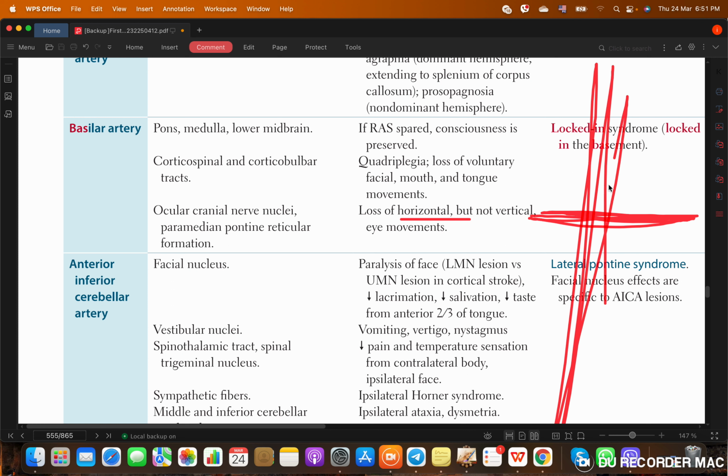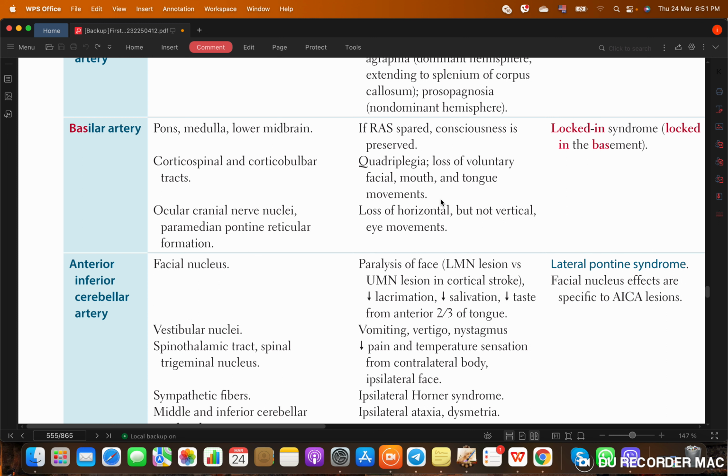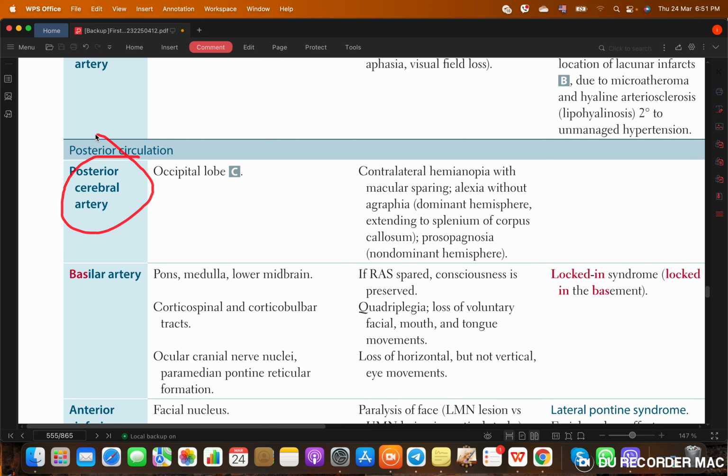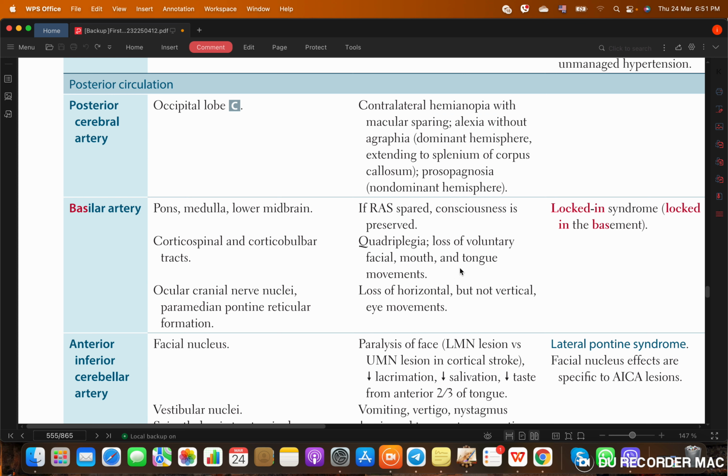However, the vertical movement is mediated by cranial nerves number 3 and 4, which are not affected by the basilar artery infarction. They are affected in case of the PCA, right? So that's why I told you that if you master the cranial nerves, all of these can be solved.